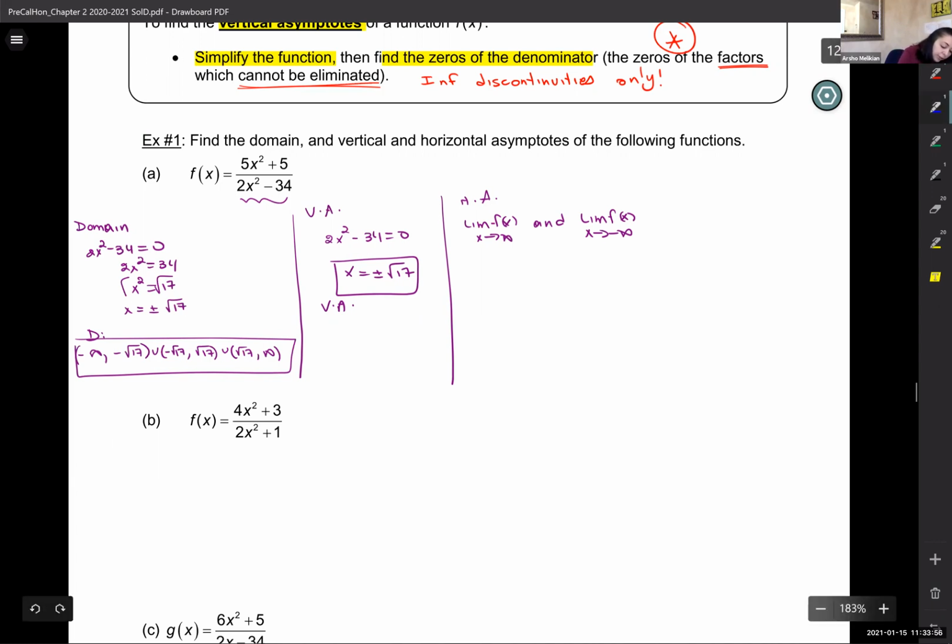Go back to the original function. Do you see how they have the same exponent top and bottom? So it's like this is 5x squared over 2x squared, which means when the x's cancel out, it's 5 over 2. That's the horizontal asymptote.